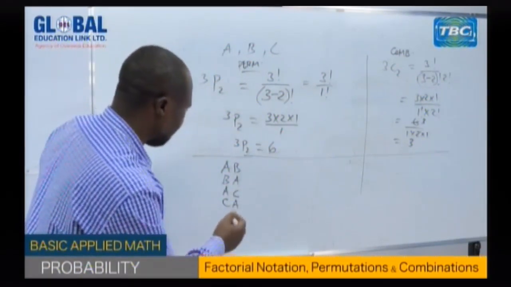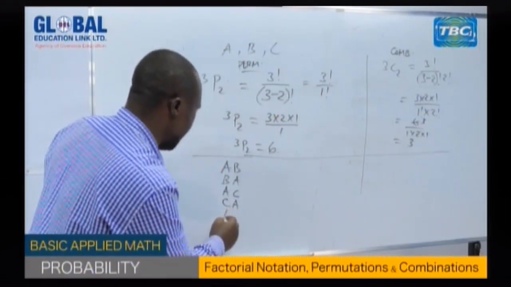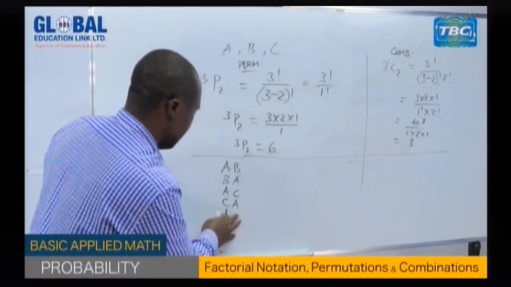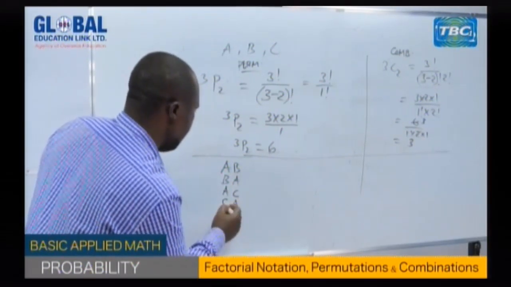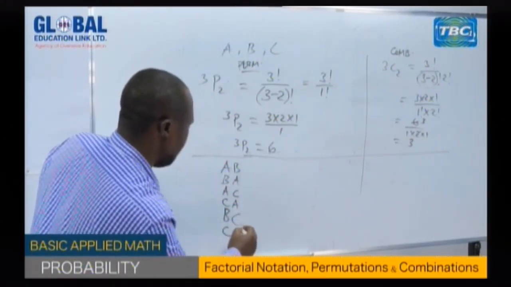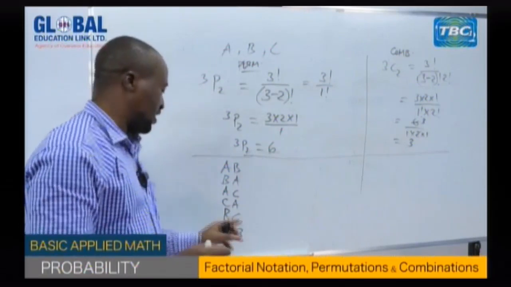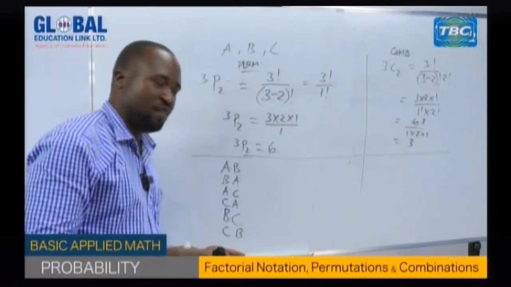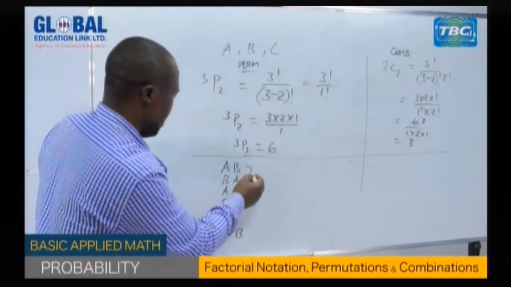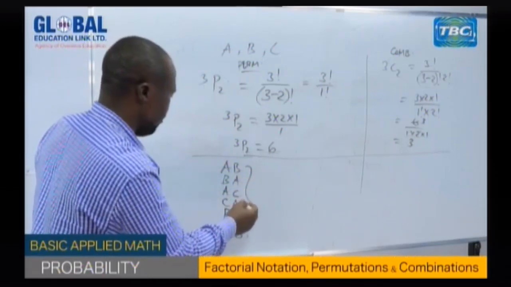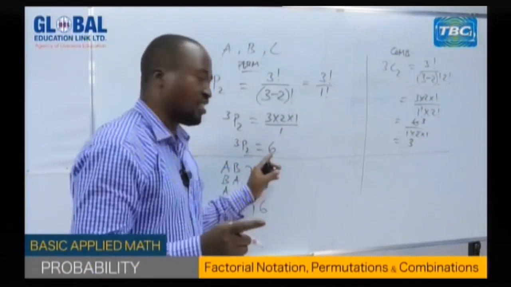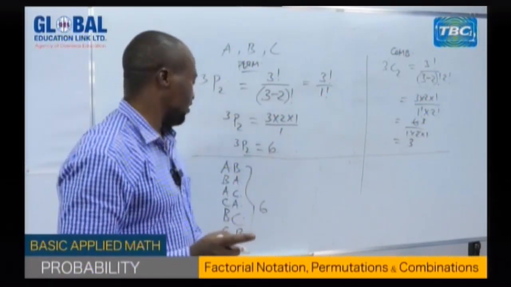And the last case, it can be B, C, and C, B, because BC is not equal to CB. Now, try to count these items we have. We have 1, 2, 3, 4, 5, and 6, which is the same as the answer we got here.